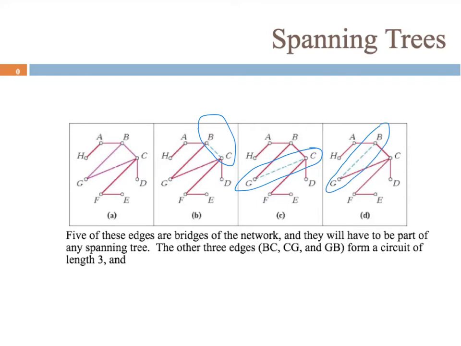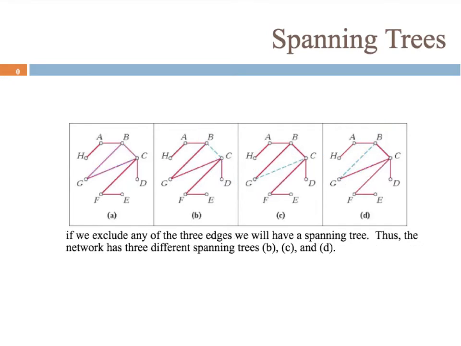So these 3 edges are part of a little circuit here, and I'll draw that on part A. That's what's causing this to not be a tree. So if we exclude any of the 3 edges, we will have a spanning tree. We just have to pick one of them. Given that we can choose any one of those 3, this network has 3 different spanning trees, as you can see in parts B, C, and D.